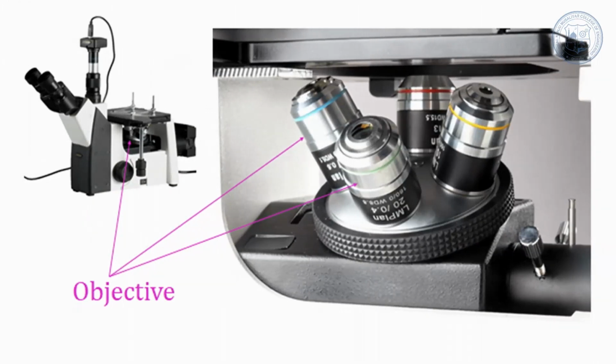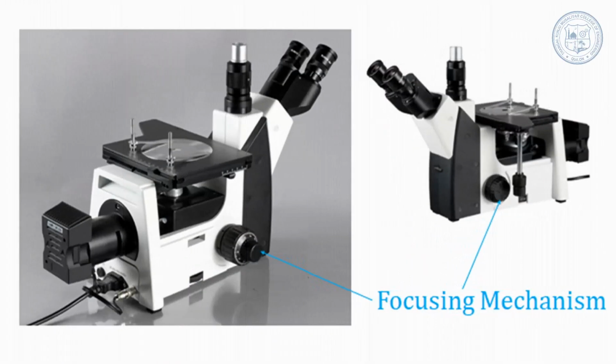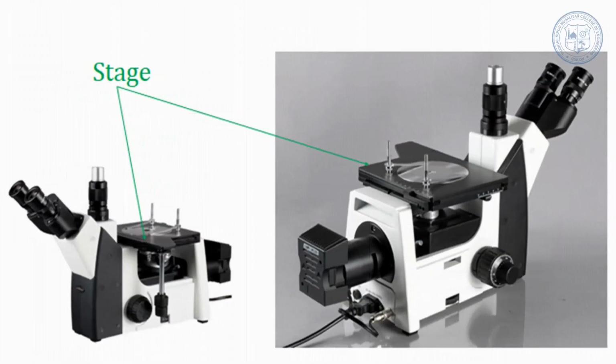The objective is the lens closest to the object being viewed, which creates a magnified image in the area called the primary image plane. The focusing mechanism has the adjustment knobs to allow coarse or fine variations in the focusing of the stage or objective lens of the microscope. The platform on which the prepared slide or object to be viewed is placed, we call the stage.